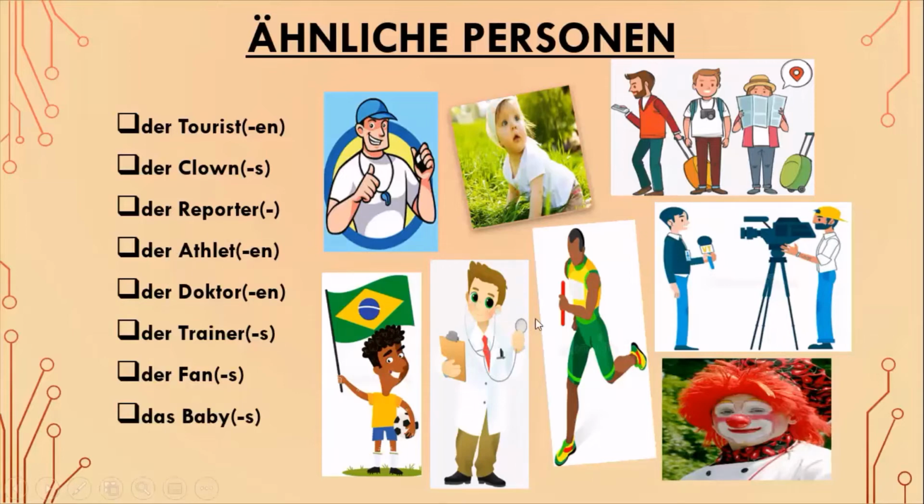Then we have der Doktor, the male doctor. Many doctors, die Doktoren. So this word gets the ending en. Now note that this word in German has another meaning also when used without any definite or indefinite article.